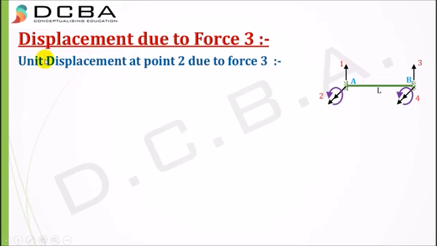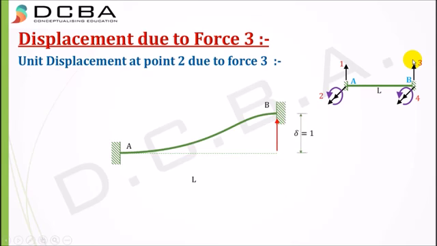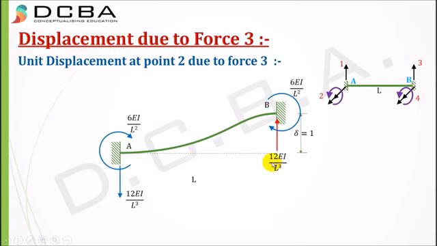So we'll be giving a unit displacement at point 2 due to force 3, and force 3 is an upward force, and the unit displacement due to force 3 will be similar to the unit displacement due to force 1, like this, and the reactions formed will be these. The force causing the displacement is 12 EI by L cube, and these are the reactions. The force is given in the red color, and the reactions are formed in blue color here.